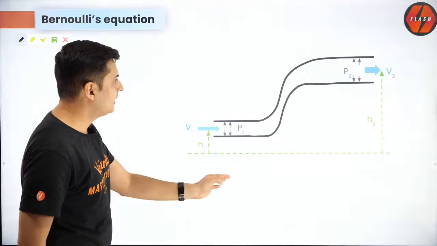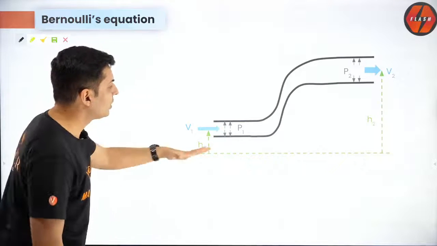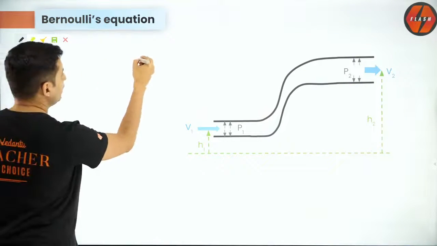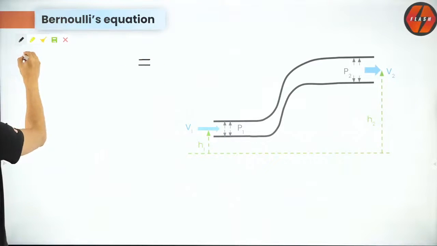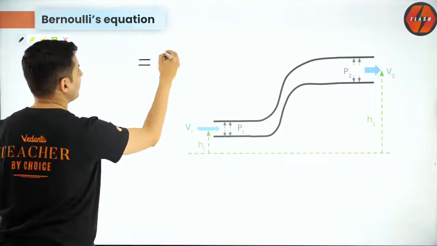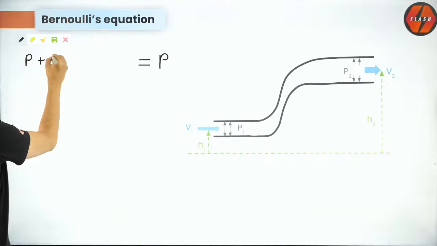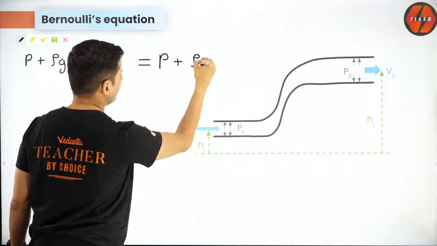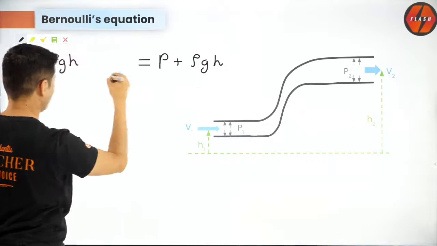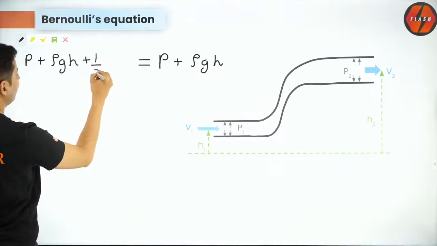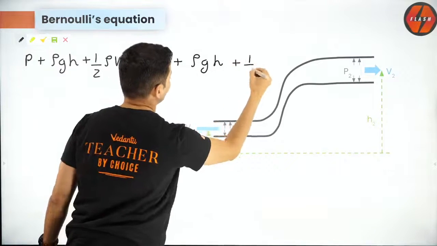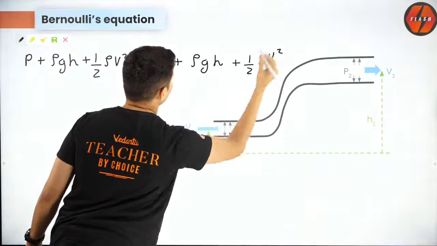And last thing, we are going to write the equation. You first put an equal to, and on the left side put P, right side also put P. Then put rho g h on the left side, and also rho g h on the other side. Then put half rho v square on both sides.